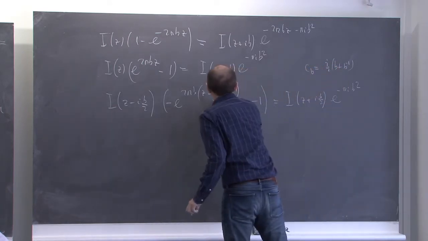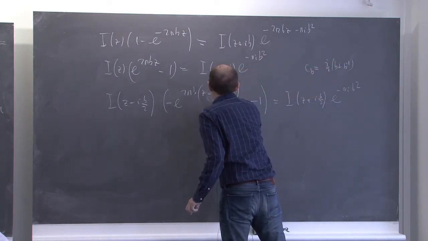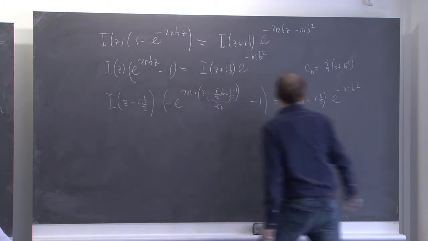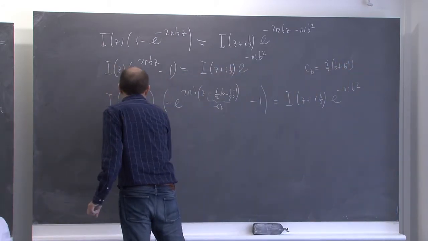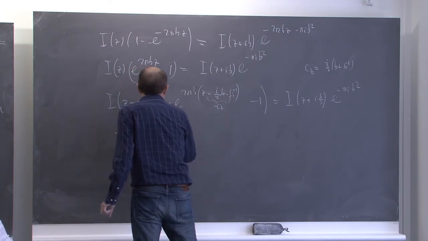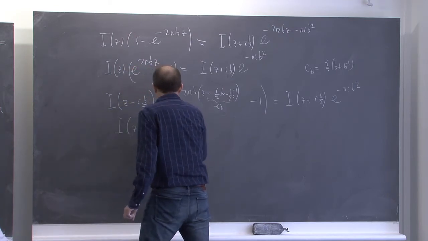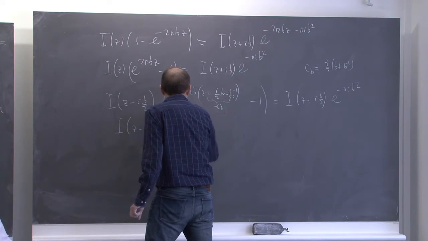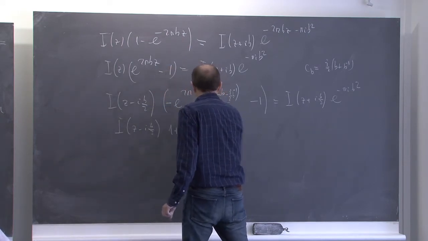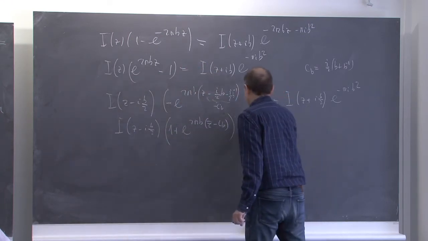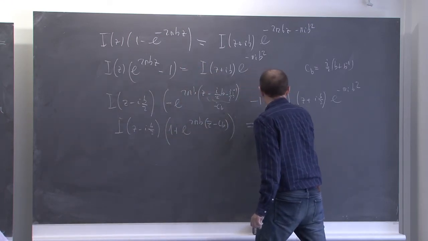All this is a minus C b. And now we have e to the z minus ib half, 1 plus e to the 2 pi b z minus C b. Now you are starting to see what is going on here.